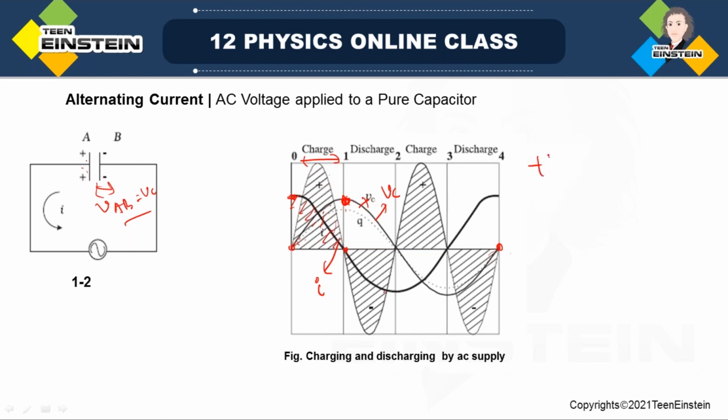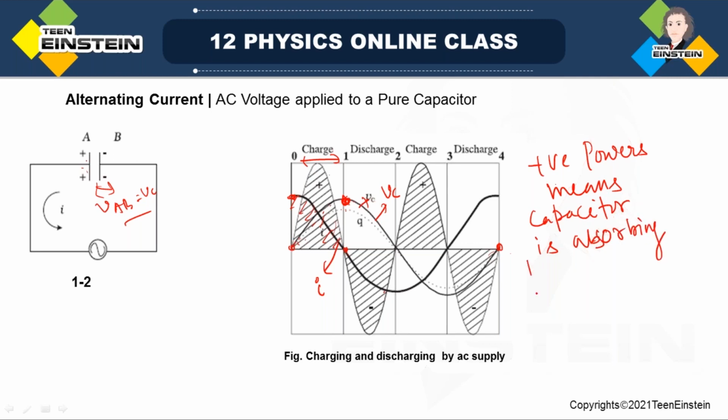Positive power means the capacitor is absorbing power from the AC supply. Okay, so AC supply, battery.